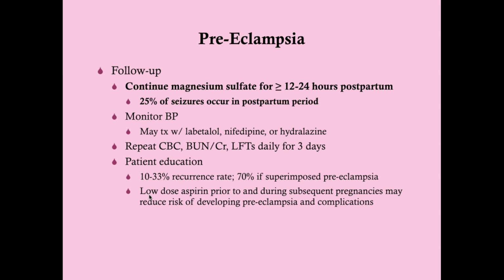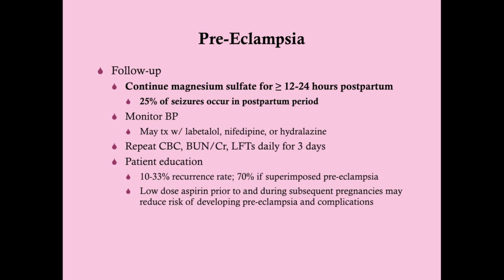And then this is interesting, something to tell her: if you take a low-dose aspirin daily prior to getting pregnant again, and then you continue taking that aspirin during your next pregnancy, it actually reduces your risk of developing preeclampsia and the complications that stem from preeclampsia.